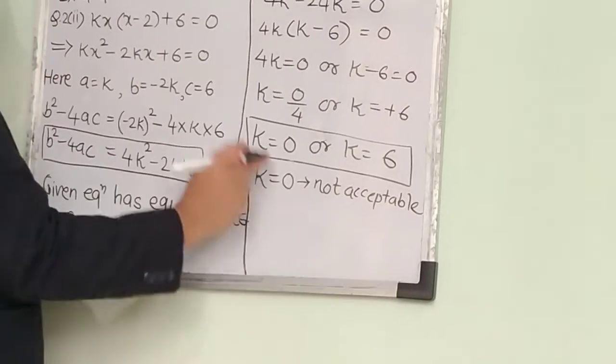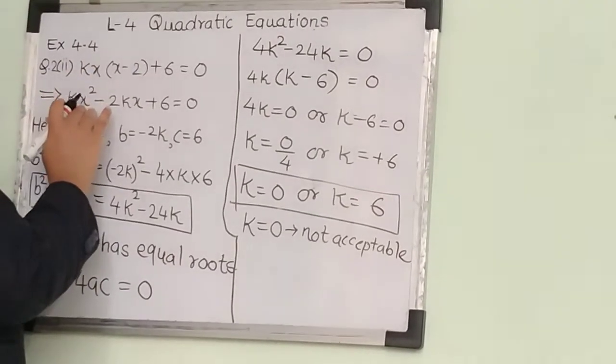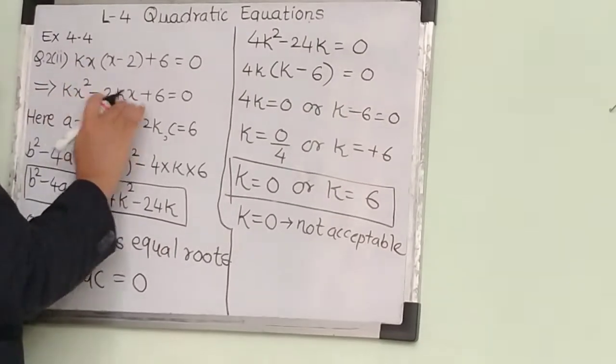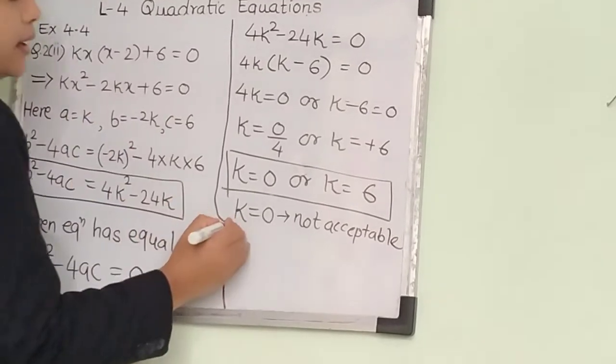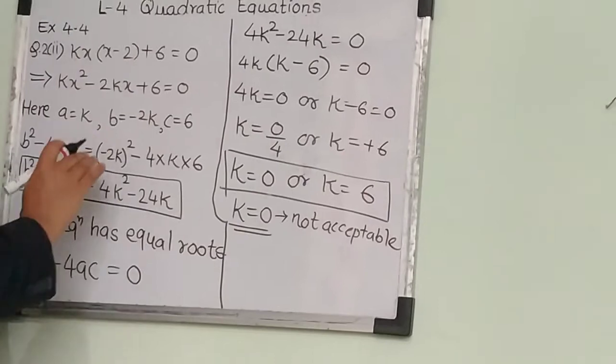If a equals 0, then your whole term becomes 0. Hence we cannot say that k equals 0 for this particular quadratic equation.